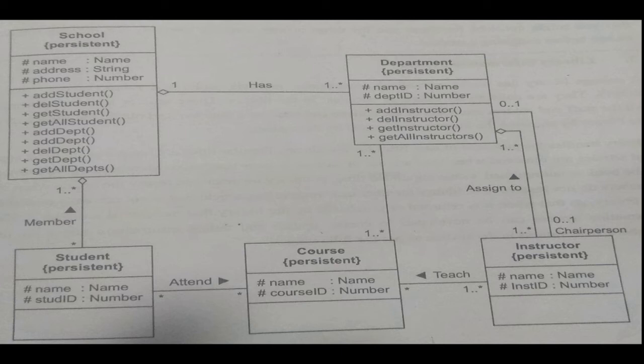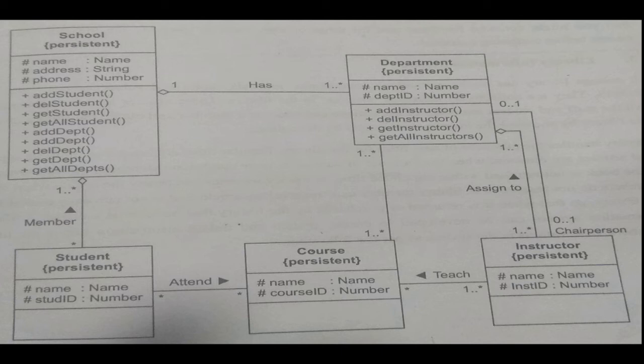Then the next one, the second class, is the department. We can say one school has one or many departments. That's why we specify here one dot dot star. Similarly, we have different attributes for the department, like department name, department ID, and you can also specify the location or the address for the department.